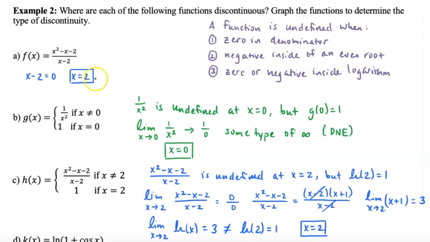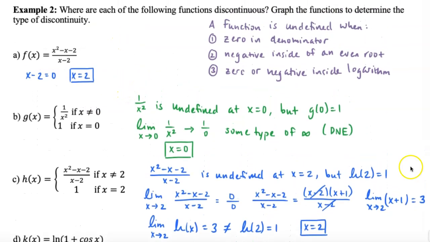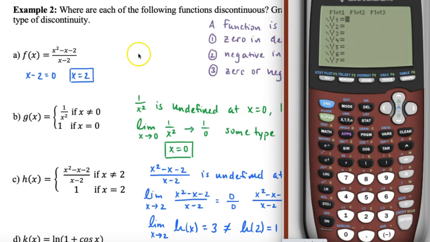So next, we want to graph all of these functions to determine the type of discontinuity. If I graph this first function, x squared minus x minus 2 divided by x minus 2, and I go to a standard window, this looks like a straight line, but I see this discontinuity at x equals 2.